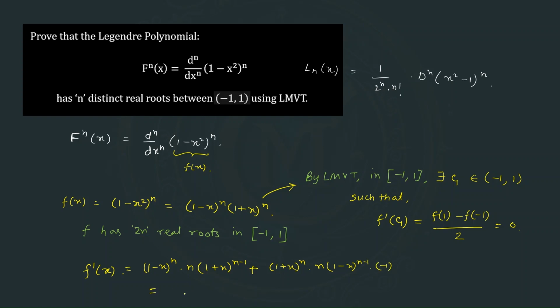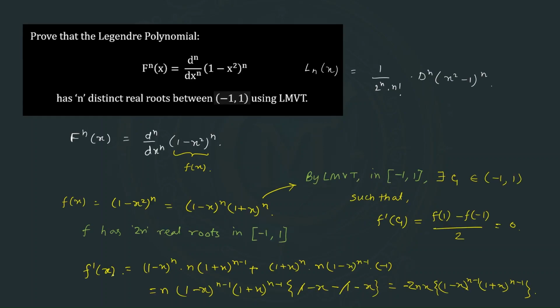So this will be (1 minus x) whole to the power n minus 1, then (1 plus x) whole to the power n minus 1, then n will be common, and then 1 minus x, and there will be a minus sign here. So overall, minus 2nx, then (1 minus x) whole to the power n minus 1, then (1 plus x) whole to the power n minus 1.